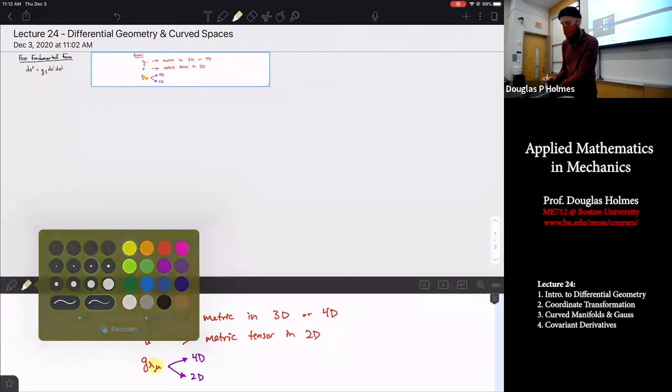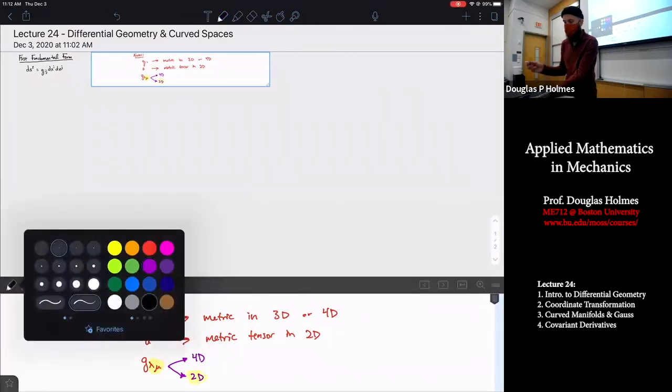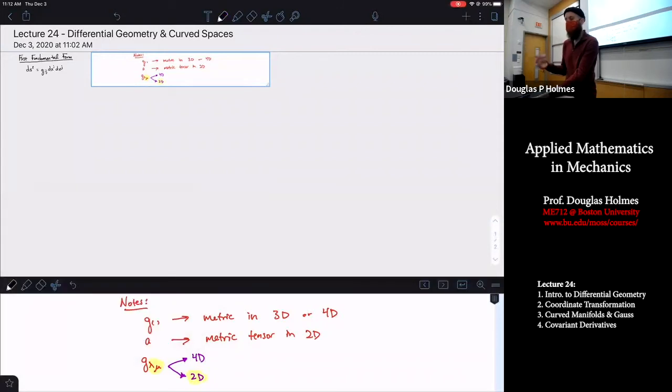And so the main takeaway is that if I was to write the metric tensor for a thin elastic plate or a thin shell, I would probably write something that looks like a alpha beta.